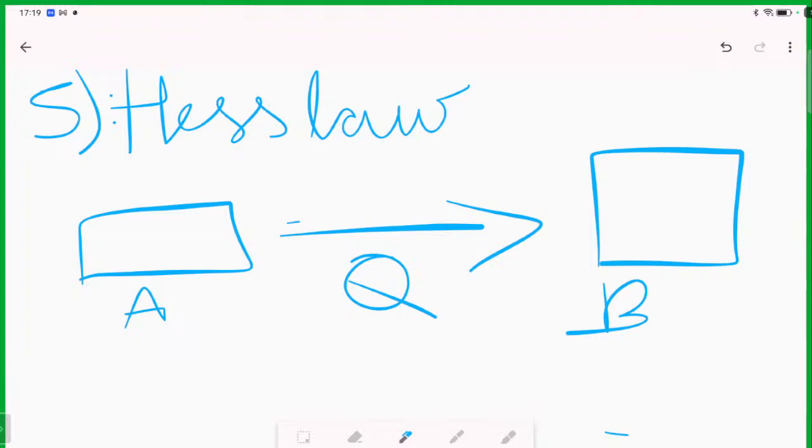So Q heat, basically. So this process can directly happen A to B, right?